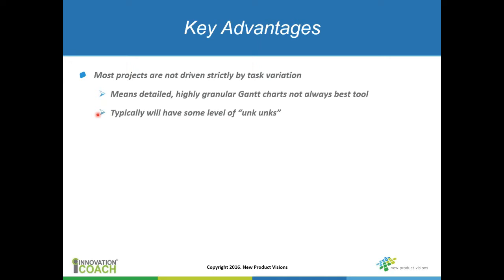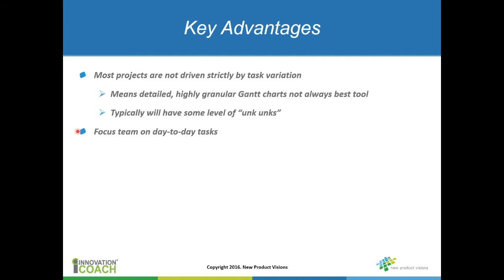Now, individual team members might have specific, highly detailed Gantt charts for their piece, and that's probably the way to do it, because that forces it down to the team member in terms of understanding how to get to the end date and how to line up the tasks.